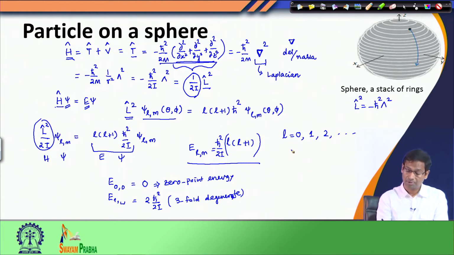Similarly, when I put L is 2, for L equals 2, I have 5 different values of m from minus 2 to plus 2 in steps of 1, and when L is 2, I have 6 h square divided by 2I, and this energy level will be 5-fold degenerate.